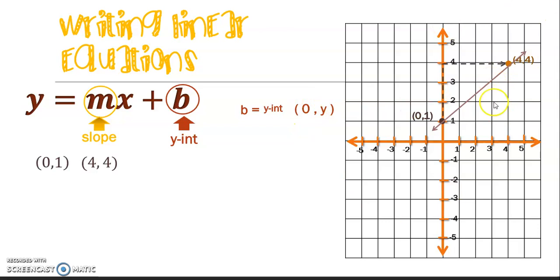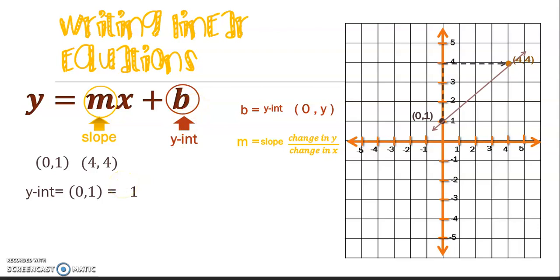So which of these two ordered pairs is the one that has 0 in x? As you can see, it is this one, (0, 1). This means my y-intercept is (0, 1), but this is not my b. My b is just 1.